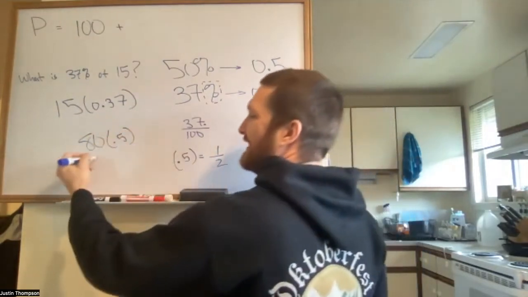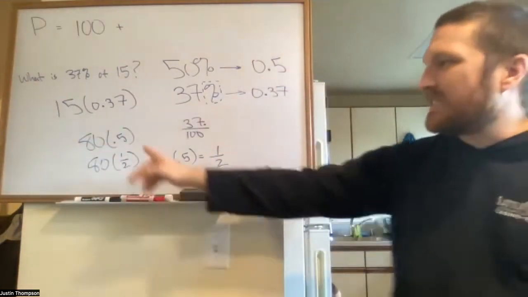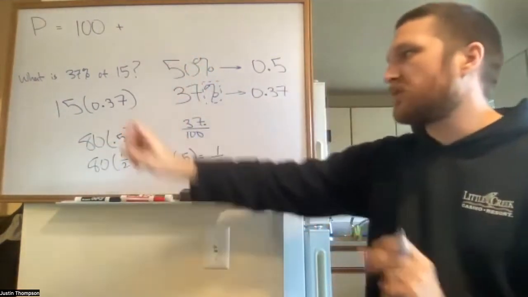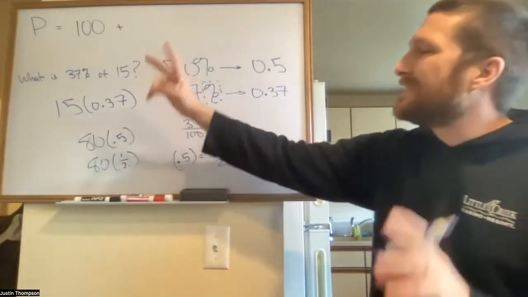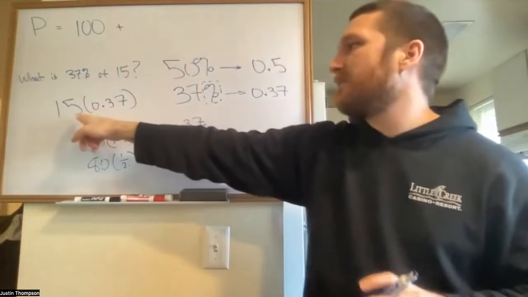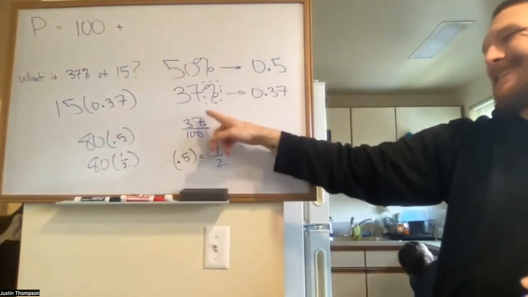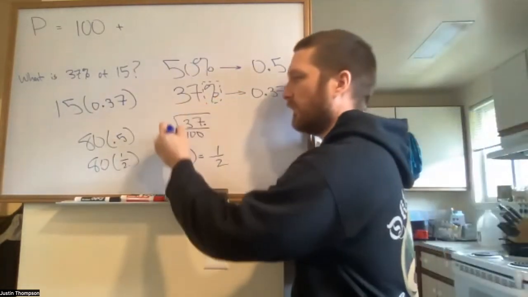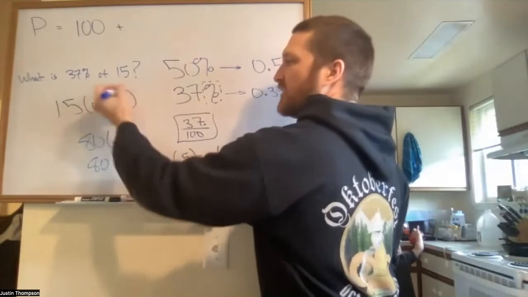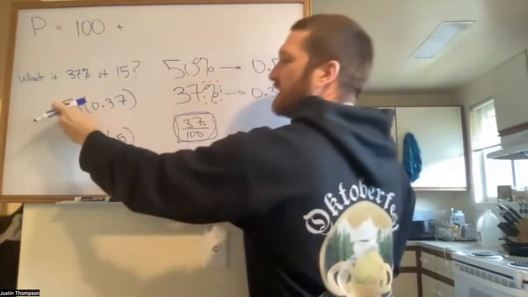But 0.5 is exactly 1/2. So in a sense, to take 50% of something is to divide by 2. To take 37% of something is to, well, yeah, it's kind of ugly, but you see the idea is there's a fraction. This is a fraction, and you're finding that fraction of some number.